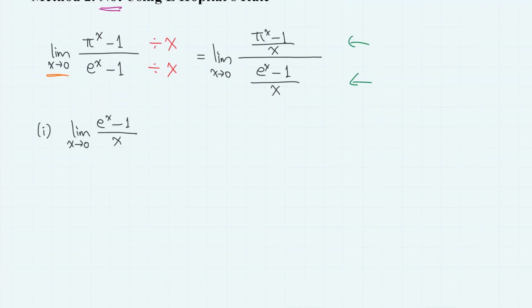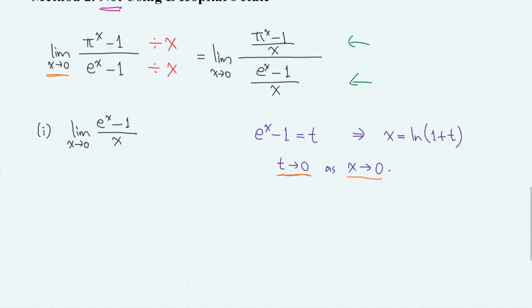First, let's evaluate the limit of the denominator. Letting e to the power of x minus 1 as t, we have x equals ln 1 plus t. You can also easily notice that as x approaches 0, t also approaches 0. So this is equal to the limit of t divided by ln 1 plus t as t approaches 0.